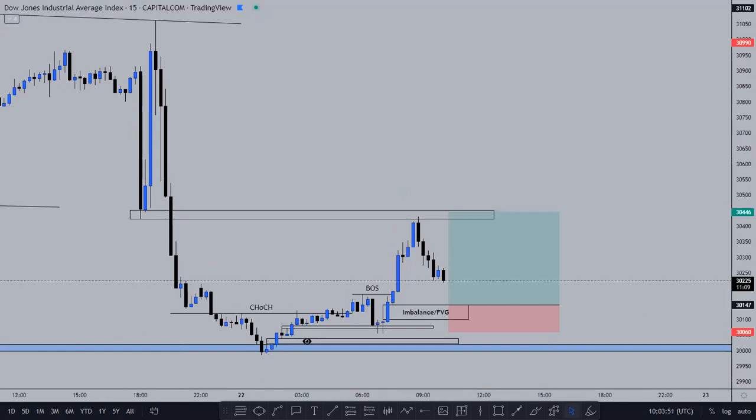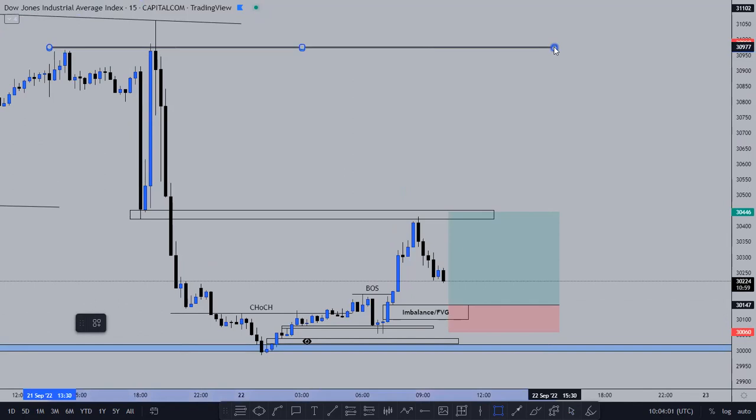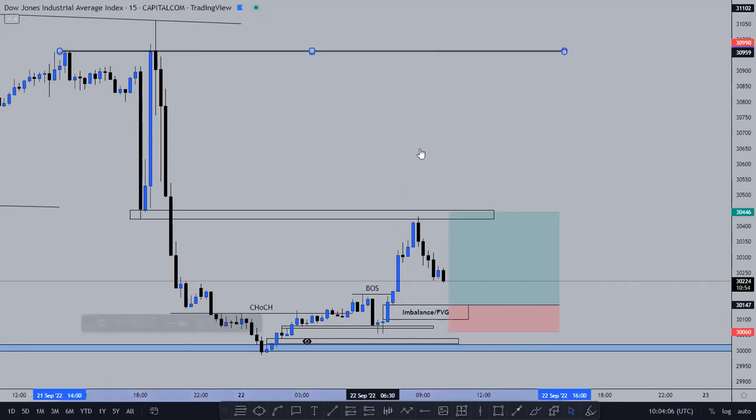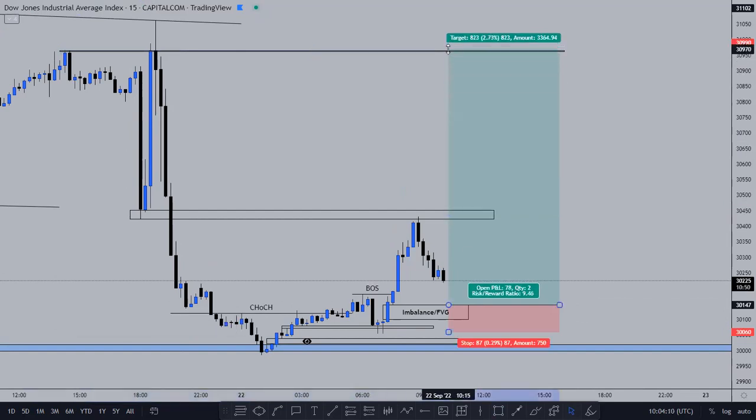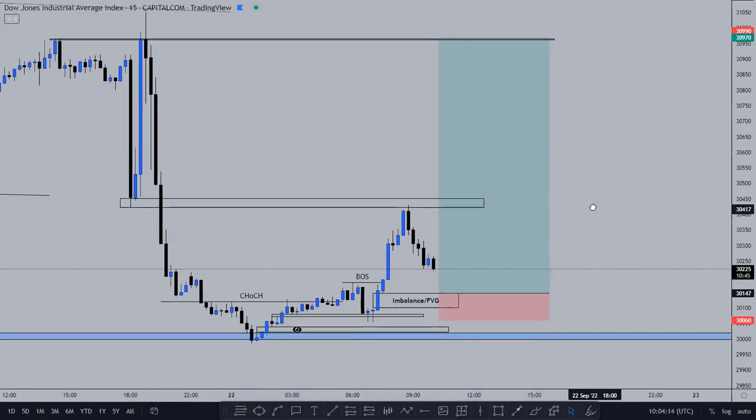So here I can actually see that we have this buy side liquidity here. That can also be used as a target for these buys. You can actually use that as a target. You see that risk to reward, 1:9, 1:10.